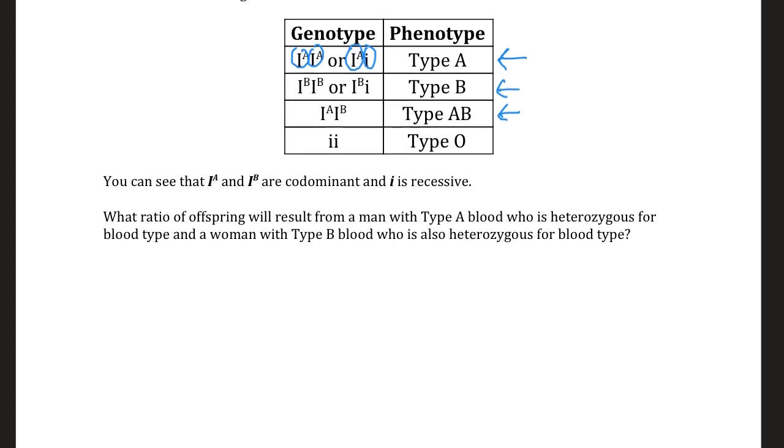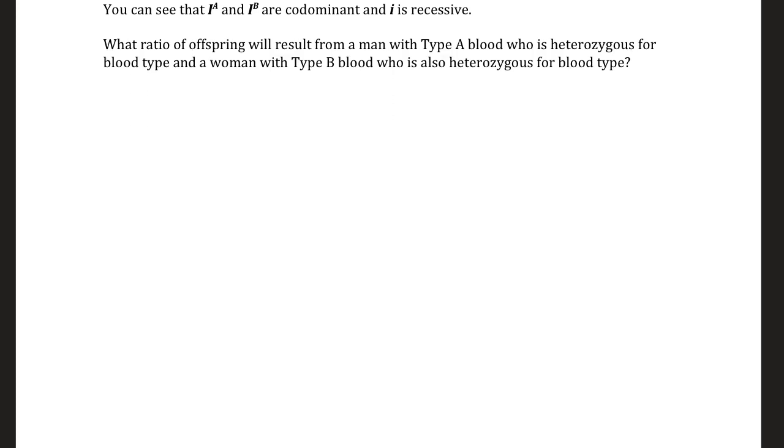So let's take a look at this question. It says, what ratio of offspring will result from a man with type A blood who is heterozygous for blood type, and a woman with type B blood who is also heterozygous for blood type? So let's write out the cross. For blood types, we always use the letter I for that gene.